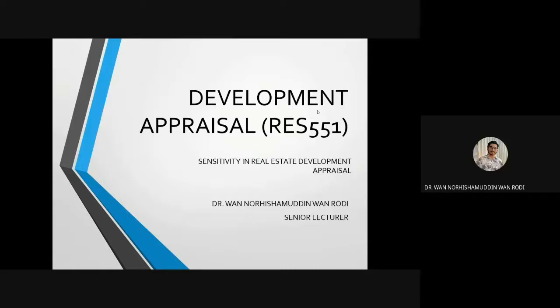Because some of these figures can become quite substantial, whereas the increase of $1 in cost will reduce or make our profit loss about 1 million, for example. So that's why we need to identify which factors are very significant and sensitive, that can influence our developer's profit.